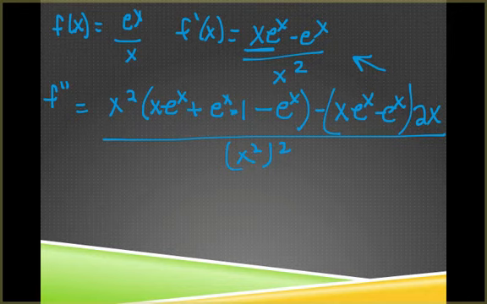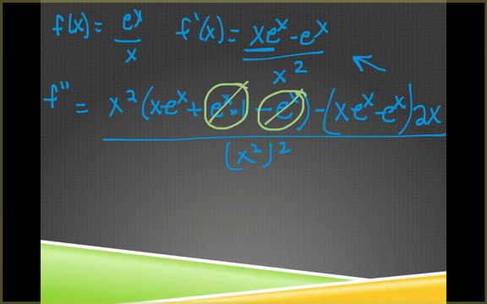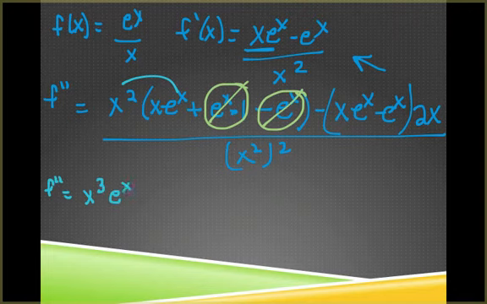Now, first thing we want to notice is right inside of my parentheses, I have a positive e to the x and a negative e to the x. So those are going to cancel, and that's going to make this a little easier to work with. So my second derivative is going to be, using the distributive property here, x cubed e to the x.